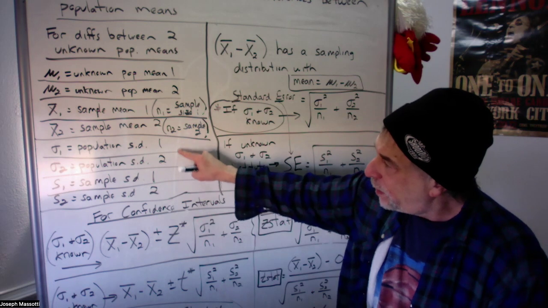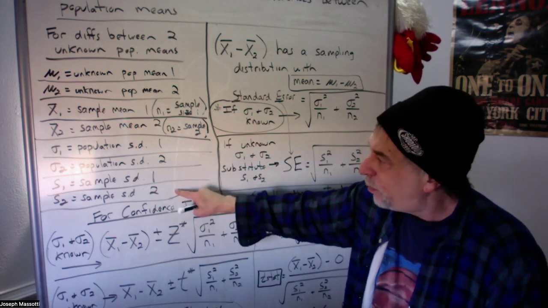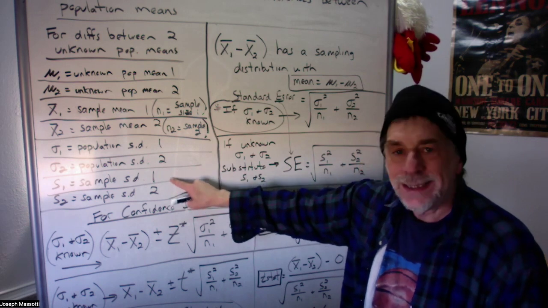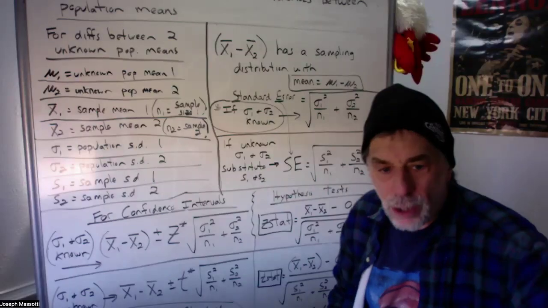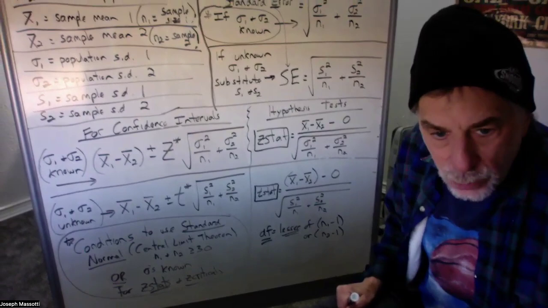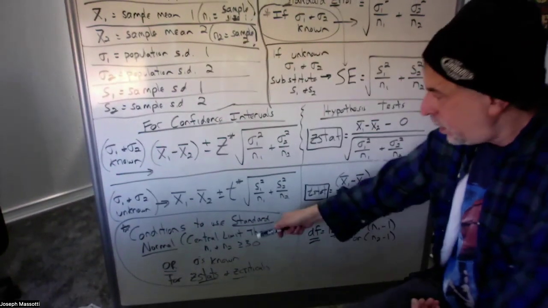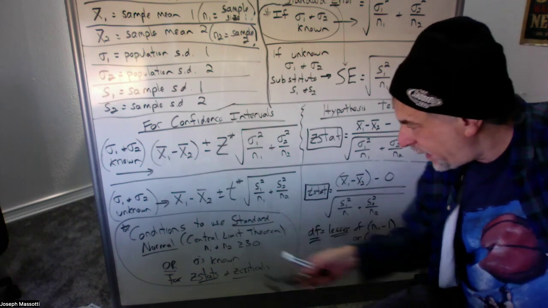Sometimes we will know the standard deviations of the population. Sometimes we will not, and we will need to substitute the sample standard deviations. So remember our conditions to use the standard normal distribution. Central limit theorem when we're talking about means. Here we have two samples.